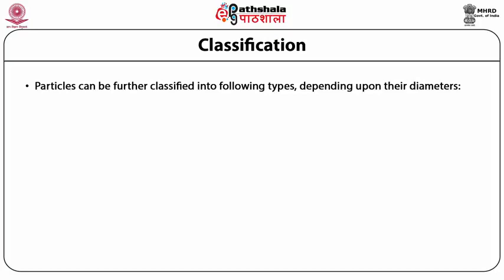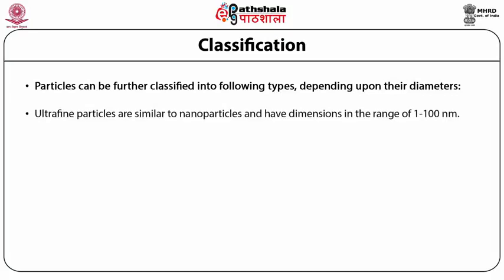Nanoparticles can be further classified into the following types depending upon their diameters. Firstly, there are ultrafine particles which are similar to nanoparticles and have dimensions in the range of 1 to 100 nanometer.